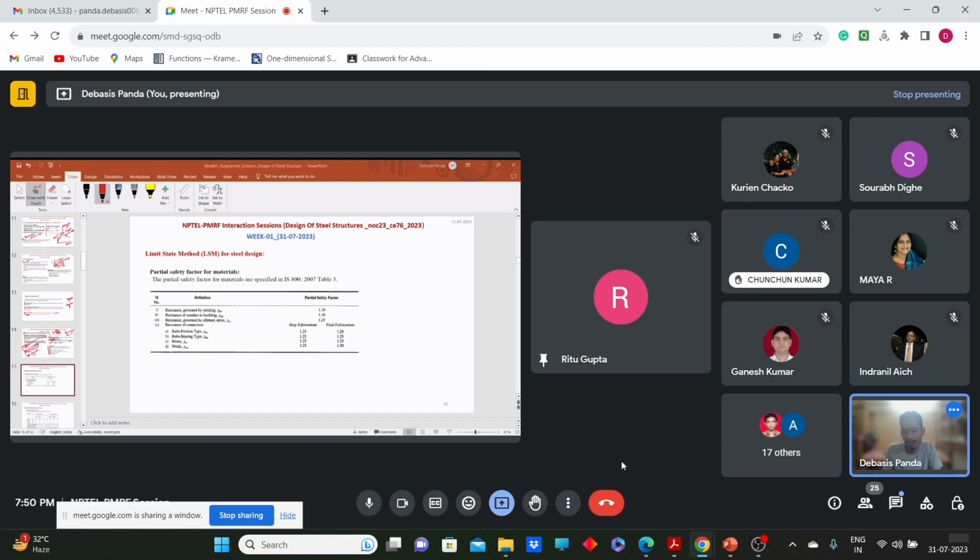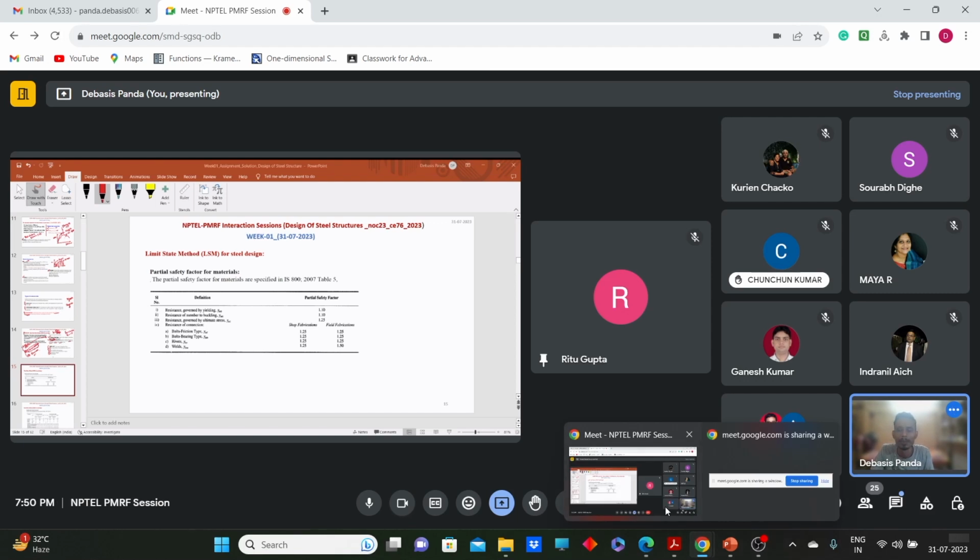There is a subject called structural reliability. There, through the reliability analysis, first we find some reliability index. So we call them reliability index instead of calling them factor of safety.